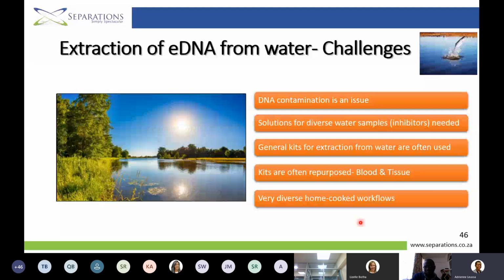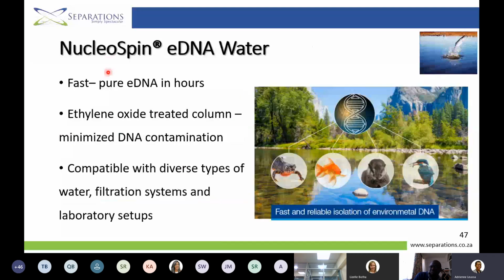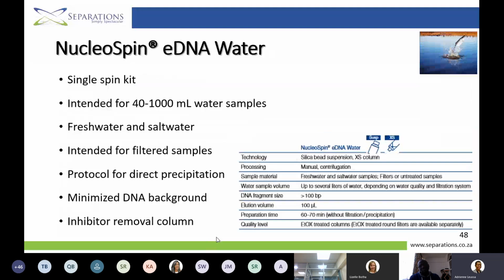So for this reason, quite recently, a few weeks ago actually, Macherey-Nagel released the NucleoSpin Environmental DNA Water Kit that allows fast purification of environmental DNA. It minimizes DNA contamination by employing ethylene oxide treated columns, and it's compatible with diverse types of water and filtration systems as well as laboratory setups.